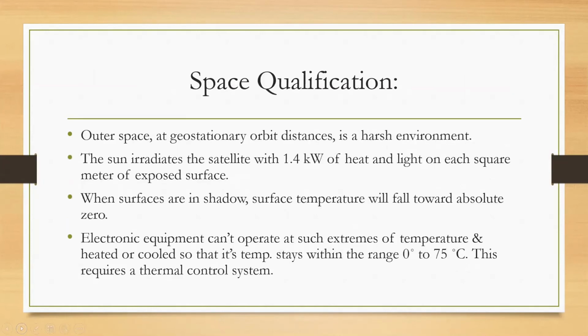Okay, so space qualification is basically under the zero gravity condition. Temperature variations are the condition, as I told you. When the satellite is exposed to the sun, it has a very high temperature, and when it is in the shadow region, it is under very cold condition.